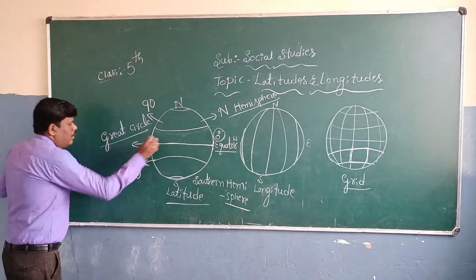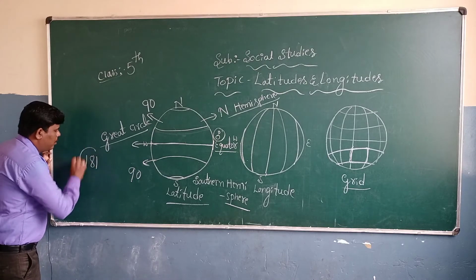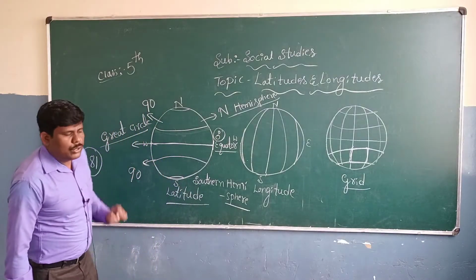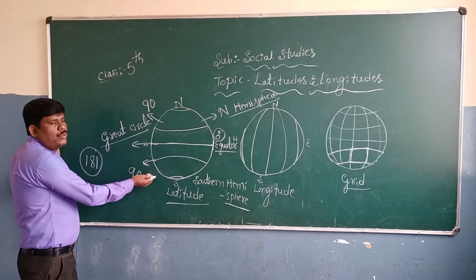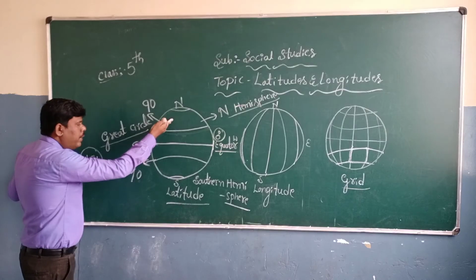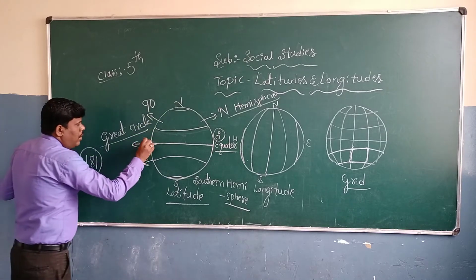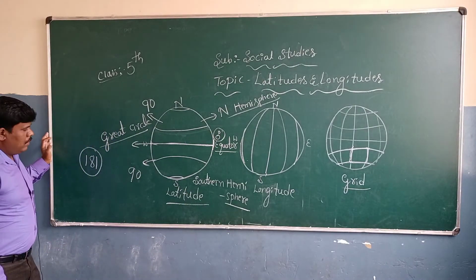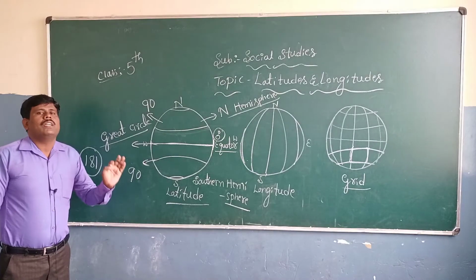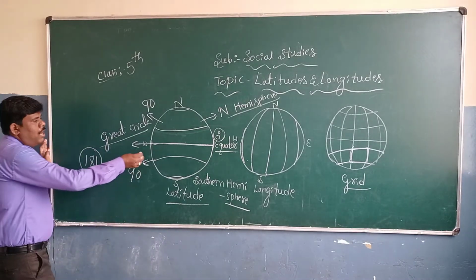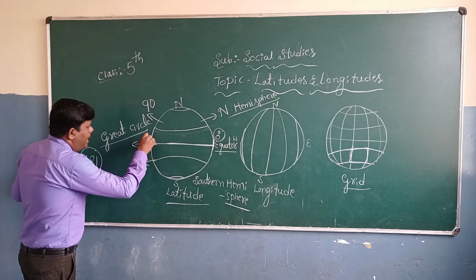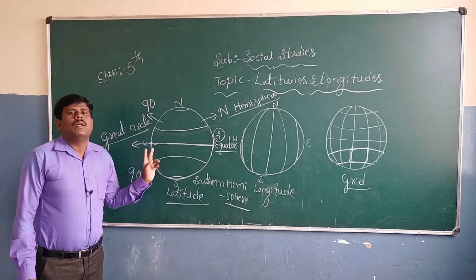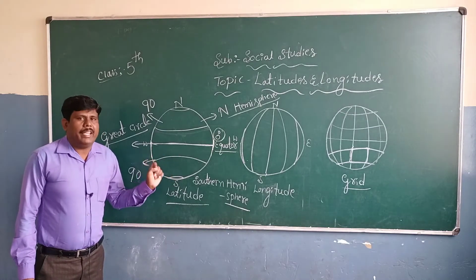With the equator, there are 181 latitudes on the earth. All these lines of latitude are parallel to the equator.